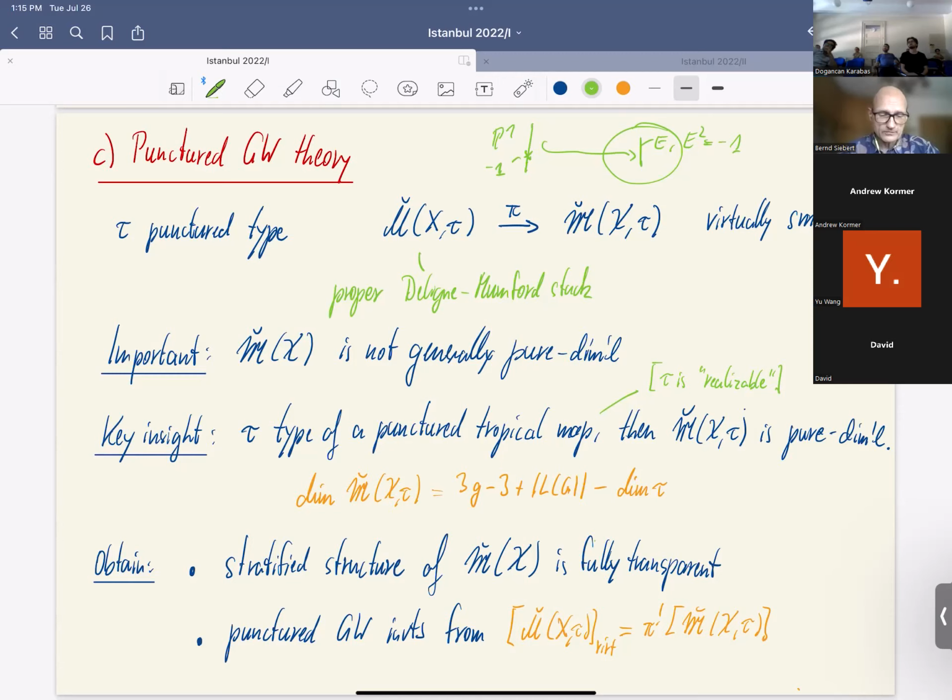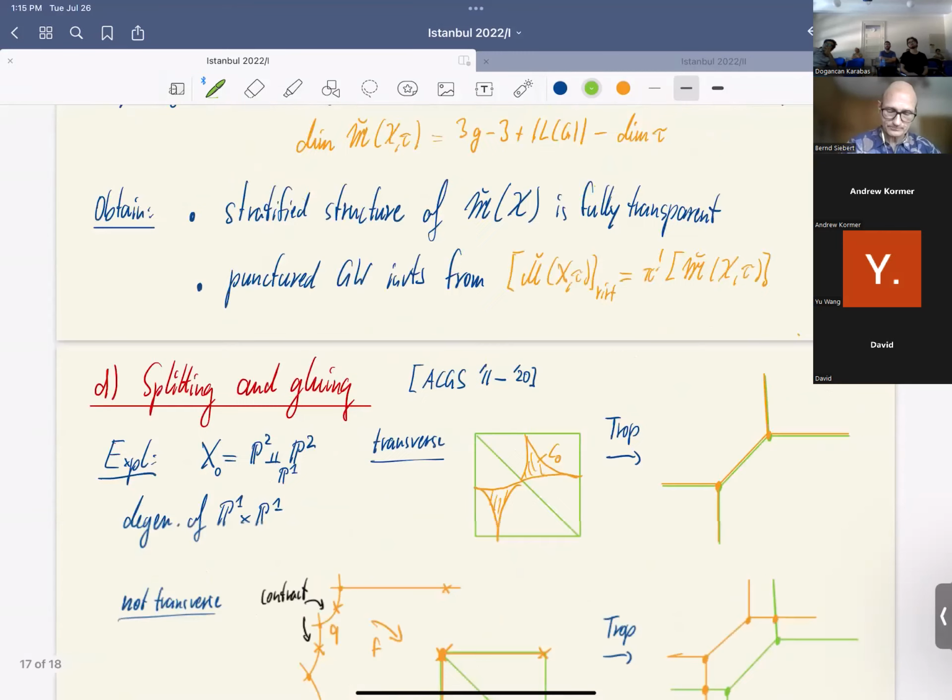Formally that's not so hard once you have the correct definition of a puncturing. Then there is a little bit of thinking about types and tropical geometry, but other than that, it all works as expected. So it's pretty much analogous to ordinary log Gromov-Witten theory.